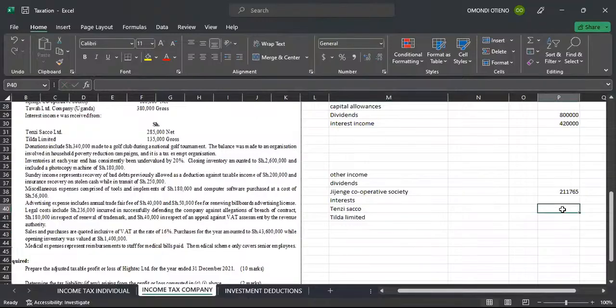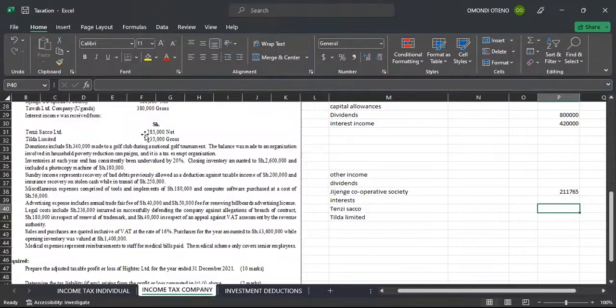So whatever was received from Tenzi Sacco here is net. So we adjust the missing 15%. Na jutulitoa hapa yote, we look for the missing 15%.